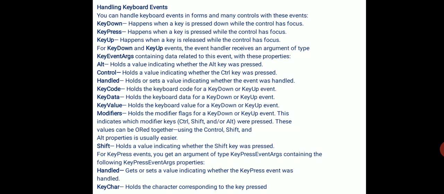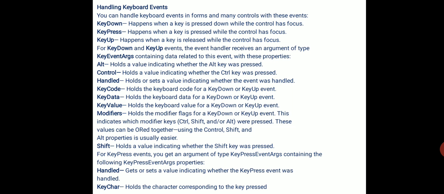KeyCode holds the keyboard code for key down or key up event. So KeyData holds the keyboard data for key down or key up event, and KeyValue holds the keyboard value for a key down or key up event. And Modifiers, it holds the modifier flags for a key down or key up event.